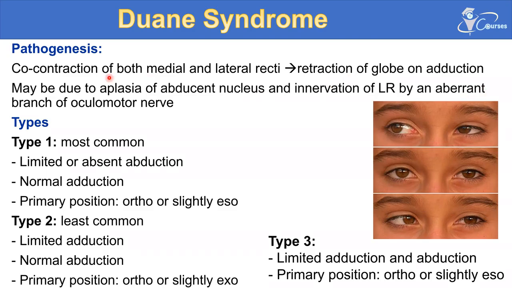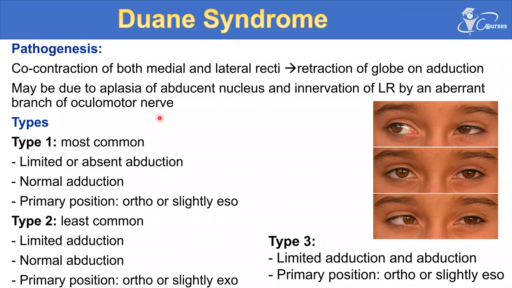So why do both the medial rectus and lateral rectus contract together? This may be due to aplasia of the abducent nucleus. So there is no abducent nucleus, or no nerve supplying the lateral rectus from the abducent nerve, resulting in the lateral rectus being supplied by an aberrant branch from the oculomotor nerve.